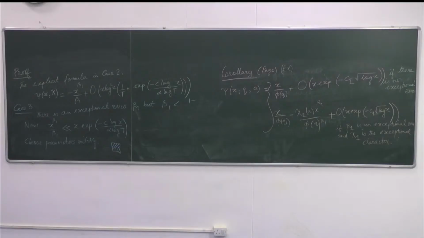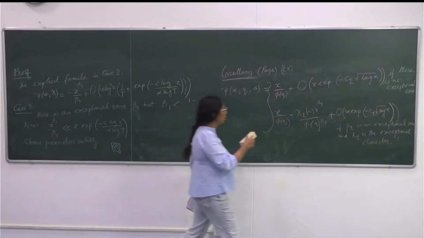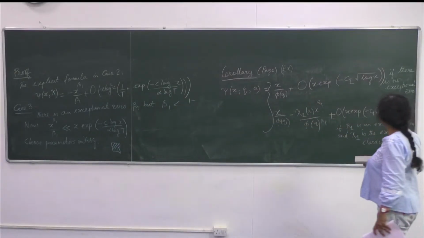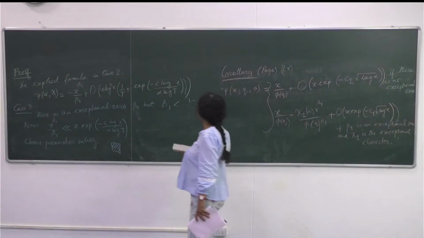So when does this become larger? The question is, when does this become the second main term? We'll do the proof. It's not difficult. We can do it in the afternoon. When does the second main term, the first main term is okay, become larger than the error term?